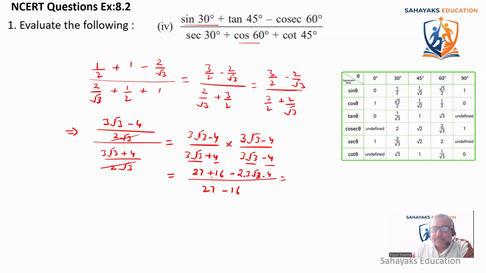So it comes out to be 43 minus 24 root 3, divided by 27 minus 16 is 11. Okay, so this comes out to be the answer.